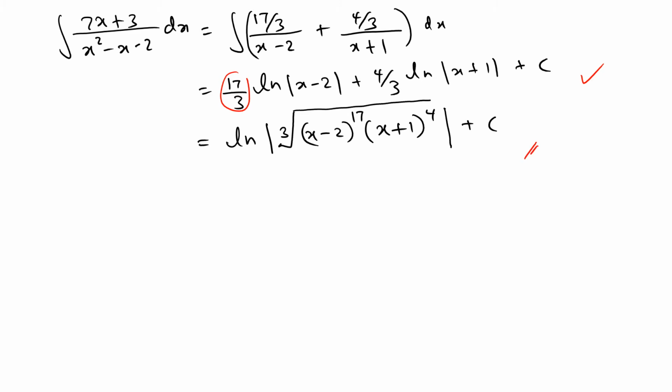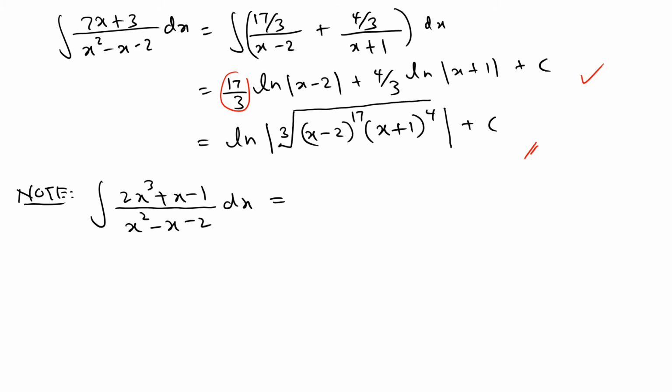So that's the answer. Now, if you go back to the original problem that we got stuck with, the very first problem that we were trying to do, now we can answer that question. So the problem was the integral of 2x cubed plus x minus 1 over x squared minus x minus 2 dx. But what we did, we divided that first.